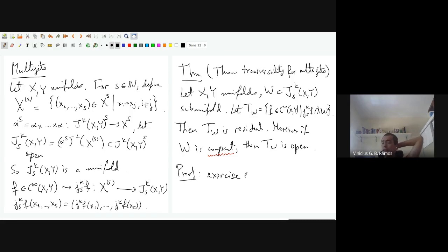I think it's not super easy, but it really will solidify your understanding of the transversality theorem for normal jets. And of course, it'll solidify the understanding of the definition of multi-jets. All right. Are there any questions about this? No?